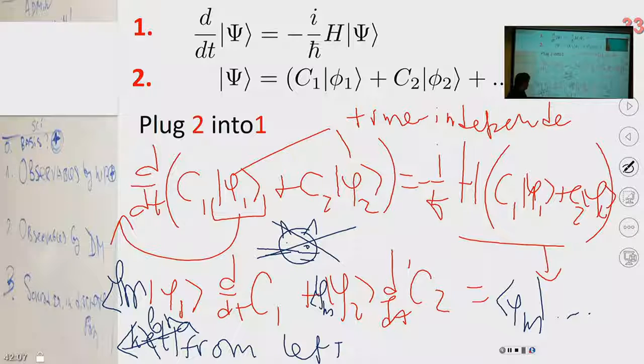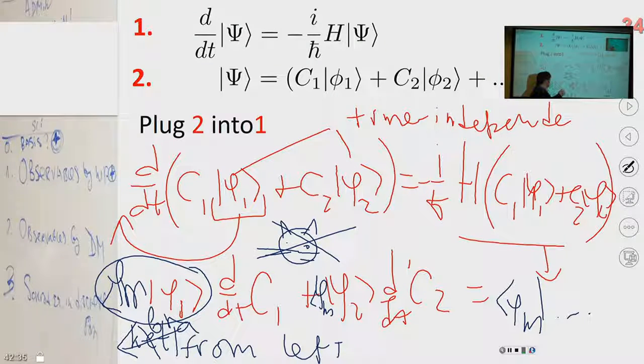So we multiply bra from the left, and then due to orthogonality, these terms will convert into numbers. So instead of continuous functions, they will become numbers, number 1 or number 0. And through this trick, we will remove any memory of continuous functions from here.